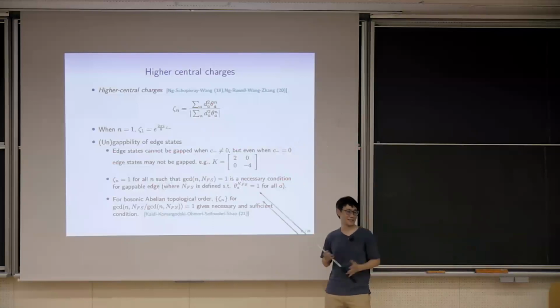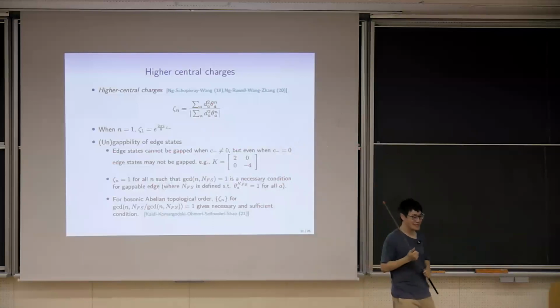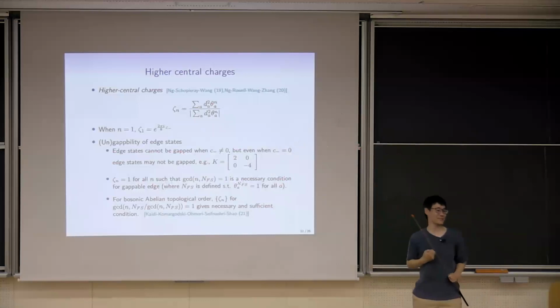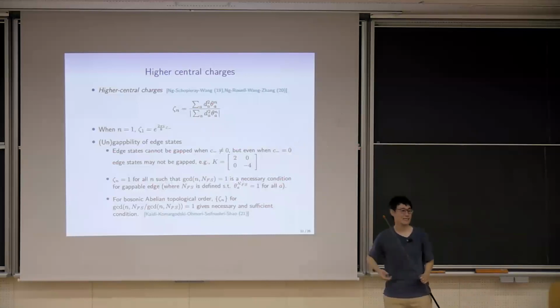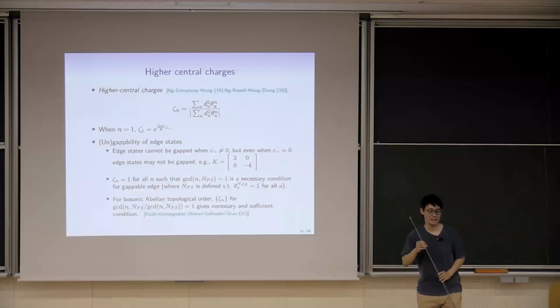Yeah, it sounds like magic. It's a non-trivial constraint on the topological data. You cannot give arbitrary data to say you have a consistent topological order.